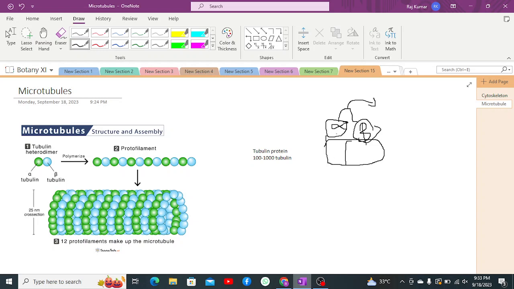Suppose this is one tubulin subunit, there is another tubulin subunit, after which there is another tubulin subunit, and so on. There is a complete chain of polymers of tubulin subunits, and that complete chain is known as the protofilament.